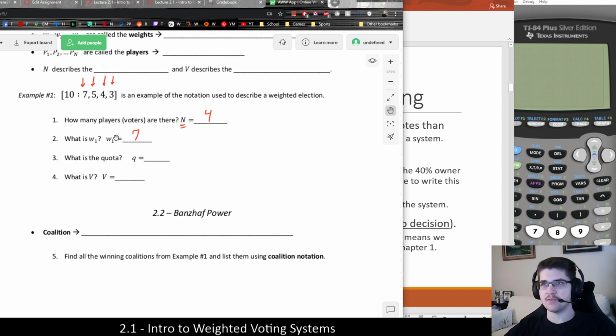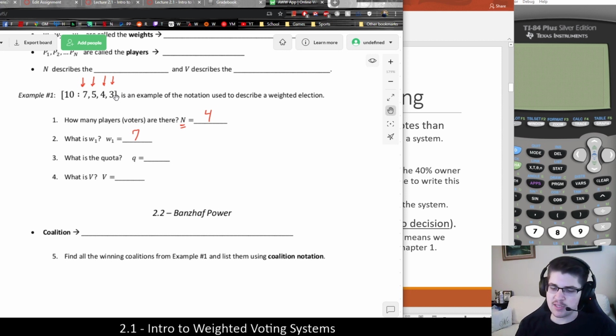We're using W to stand for weight, and W sub 1, 2, 3, 4 stand for the individual members of the group as well. And so W2 would be 5, W3 would be 4, and W4 would be 3. And it's always corresponding to the player.